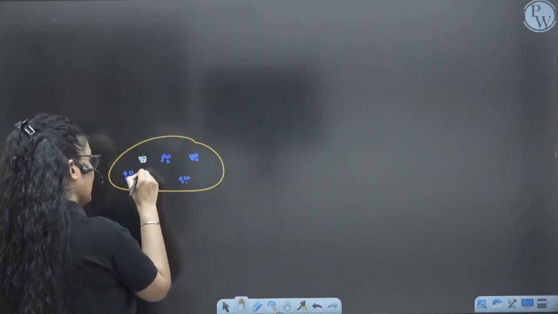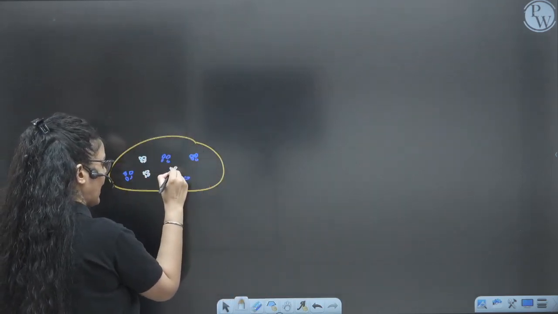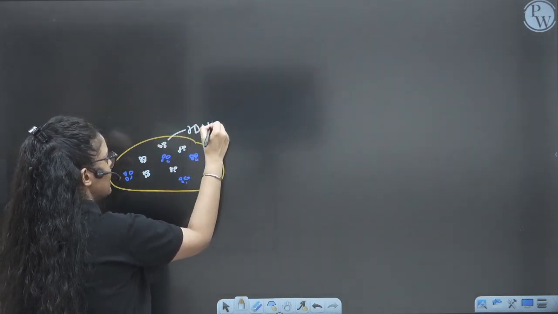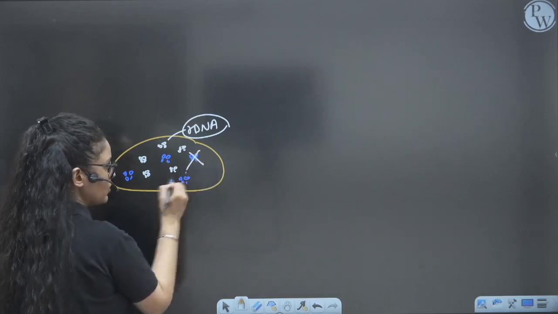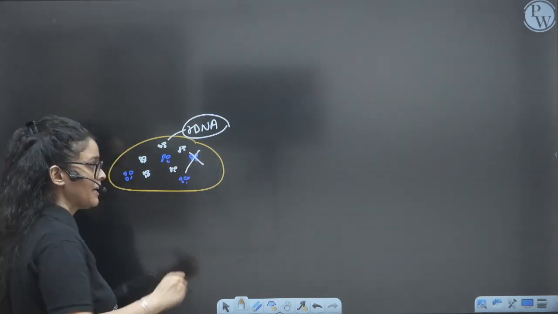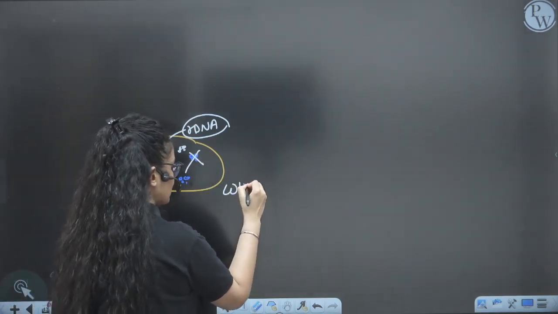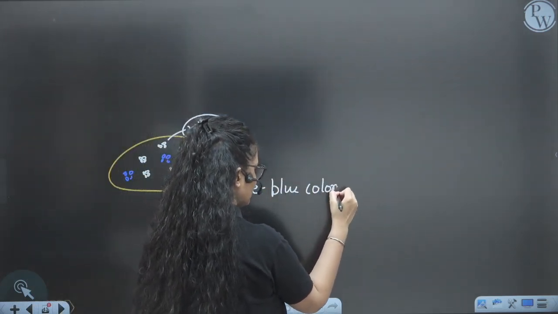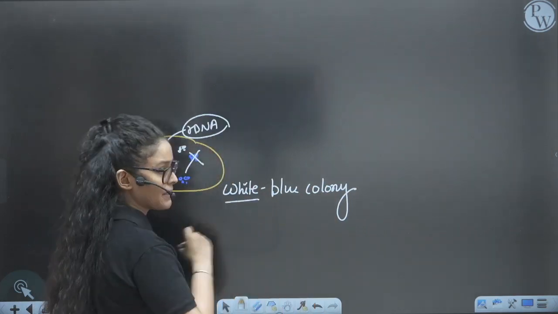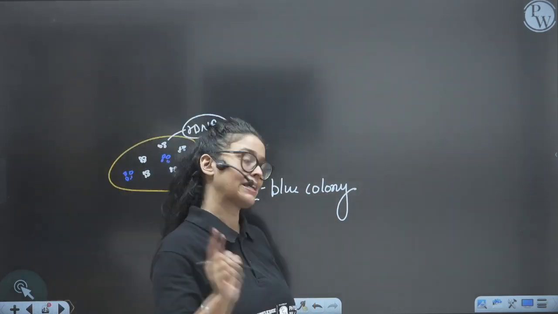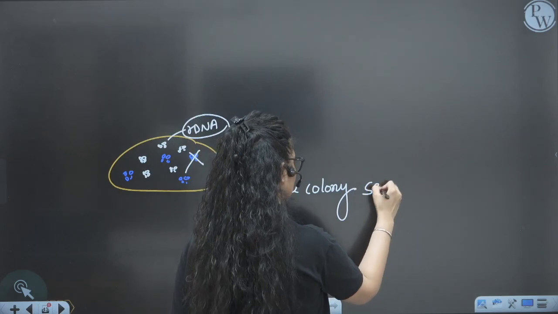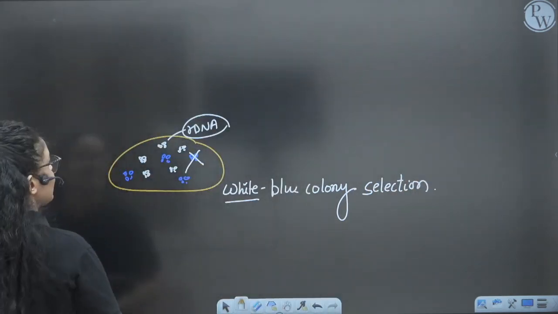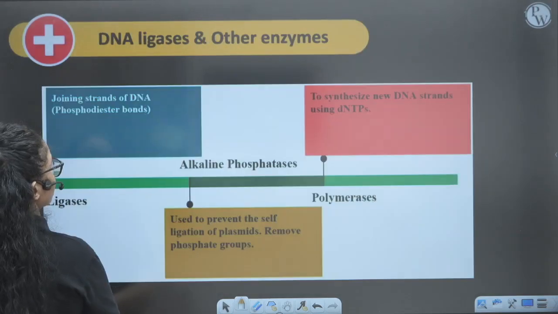So we require the white colonies. White colonies have our recombinant DNA. This is known as white and blue colony selection. We just select the white ones because they are the bacteria with our recombinant DNA, right? That's all about this vector.